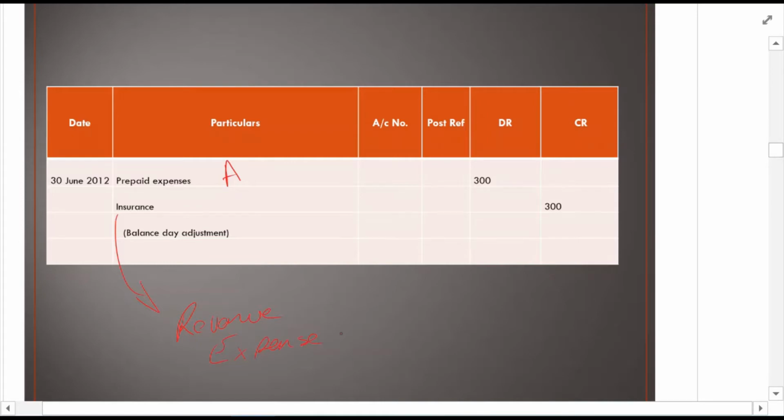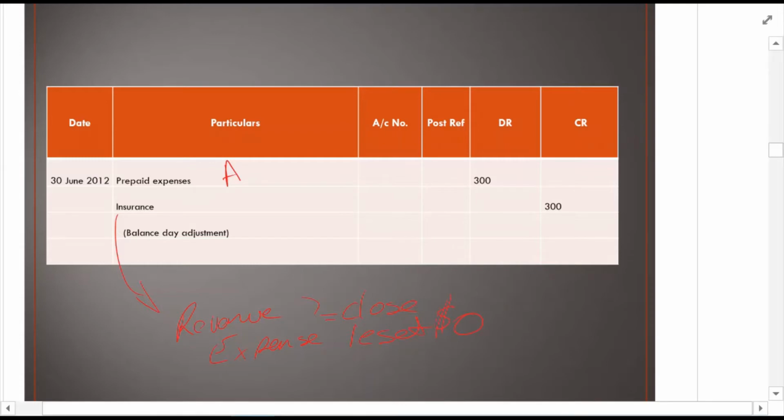We close those at the end of the financial year, or we do a reset of those accounts. They need to be 0 at the end of the financial year, because they go towards working out a net profit or loss for the business.